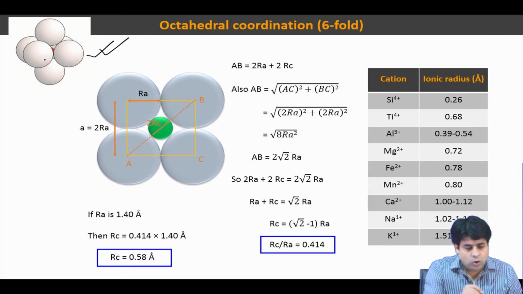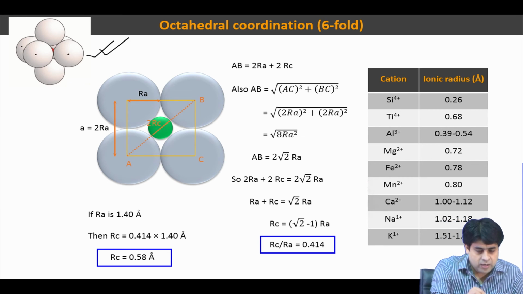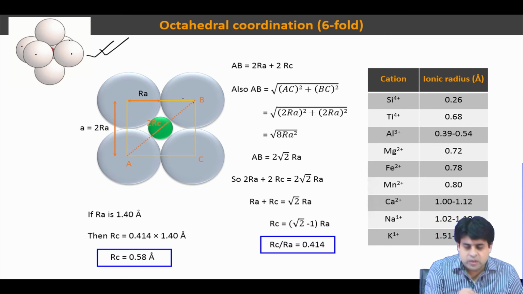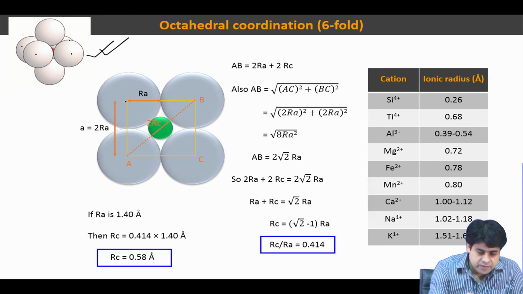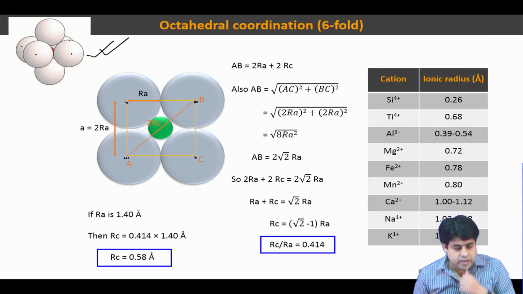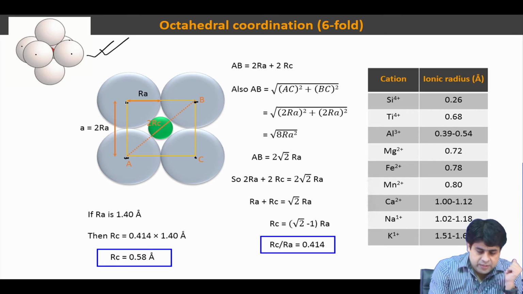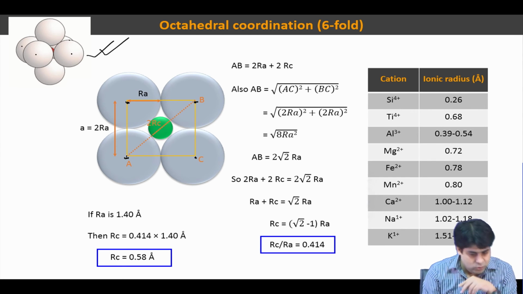So, if you take the 4 atoms which are connecting the cation, the small cation, as one plane, and draw it in a 2-dimensional view, and connect all the sphere centers, these will make a square, and this distance is basically 2r.